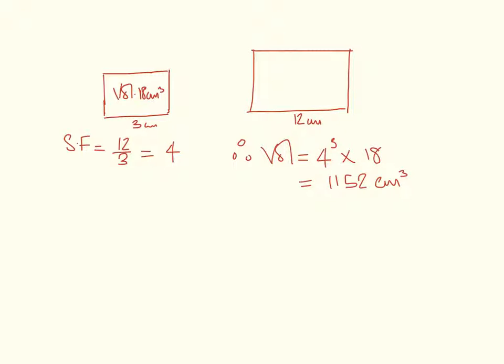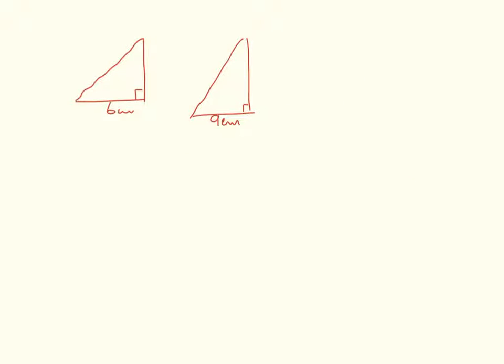Let's look at an example. So here we go. Of my two triangles, I've got this side is 6 and that side is 9. Let's do an area and a volume one after. So we're going to say that the area of this little triangle is, for the sake of argument, 20 centimeters squared, just so that we know that the height is not really something we can play with.